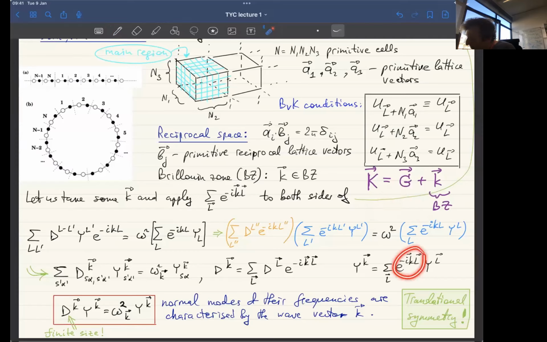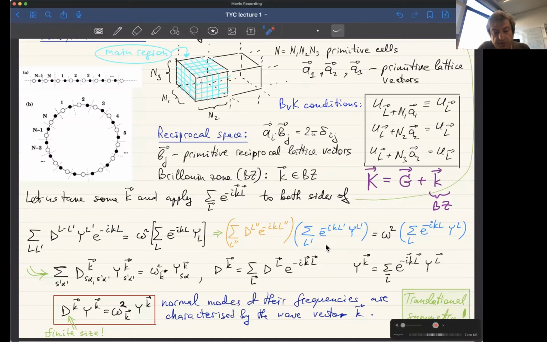So this exponential for any vector K with a G would be the same as with the vector little k of the first Brillouin zone, which means that adding to the little k of the first Brillouin zone any reciprocal lattice vector would not change anything. So little vectors k, which number all the solutions, are only constrained within the first Brillouin zone. That's the message here, because of these periodic boundary conditions.